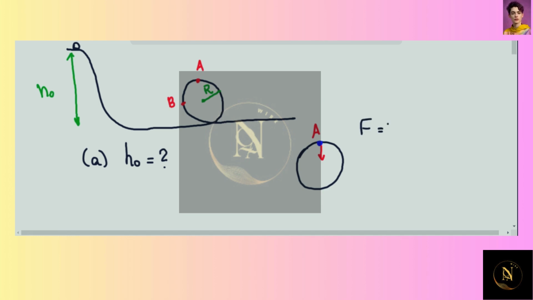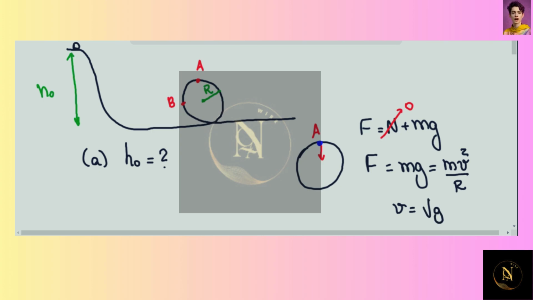So the total force is equal to the normal force plus the gravitational force, and the minimum value of the normal force must be 0 so that the object can still be on the track but on the verge of falling off. So basically we want the force to be at least equal to mg. Since the force is equal to the centripetal acceleration times the mass, then we want v to be equal to the square root of g times r. So we want the velocity of the object at point A to be at least the square root of gr.